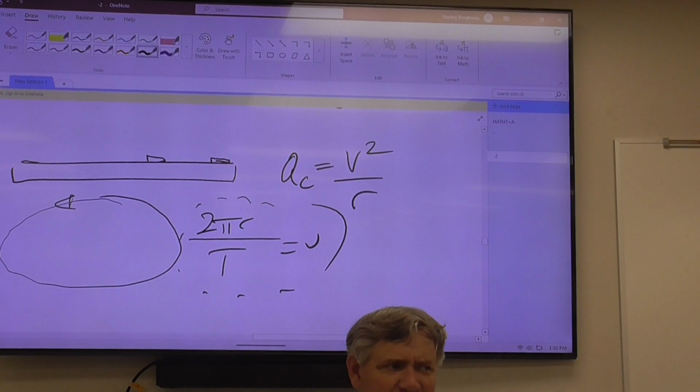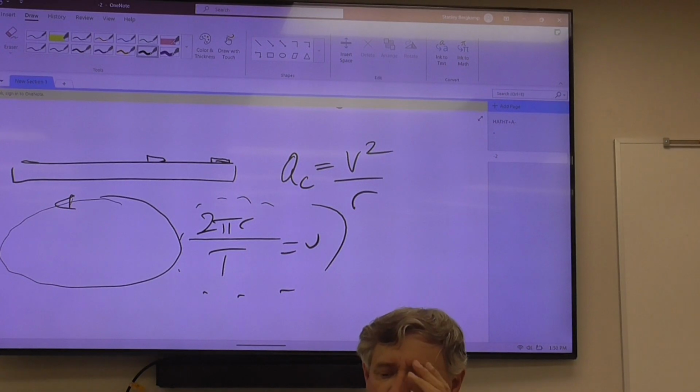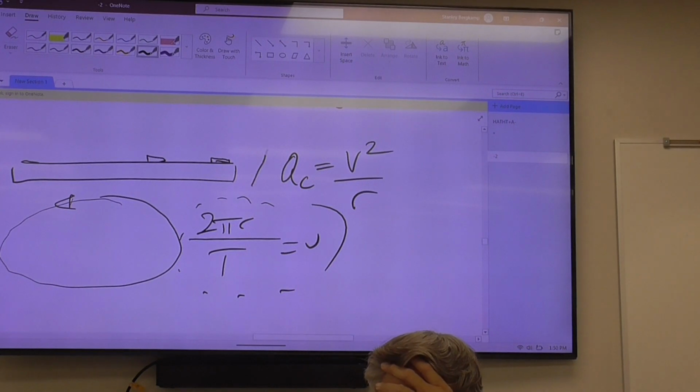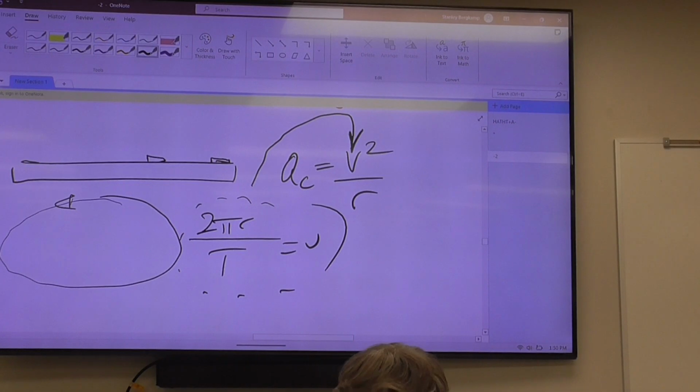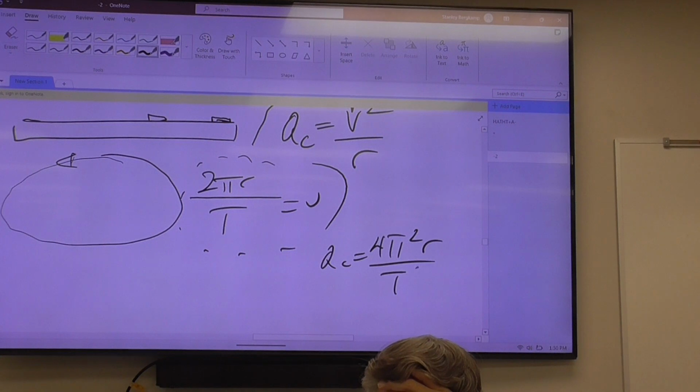But, oh, it's circumference of a circle divided by t. Y'all have done this countless times. So, could I substitute that in for v? Yes. And then that's where you're going to get the centripetal acceleration also equals 4 pi squared r over t squared. Okay? Cool. Got that.